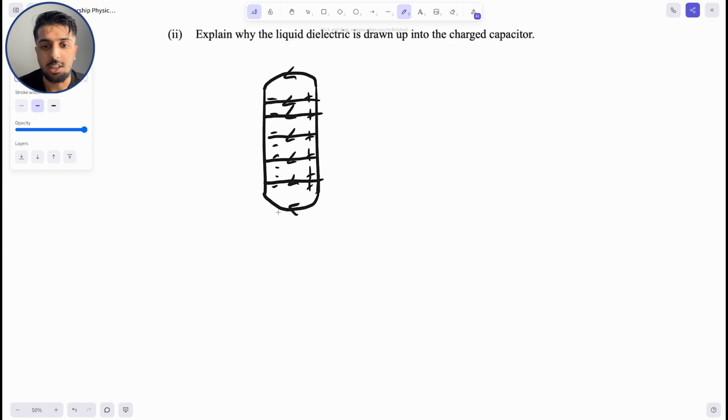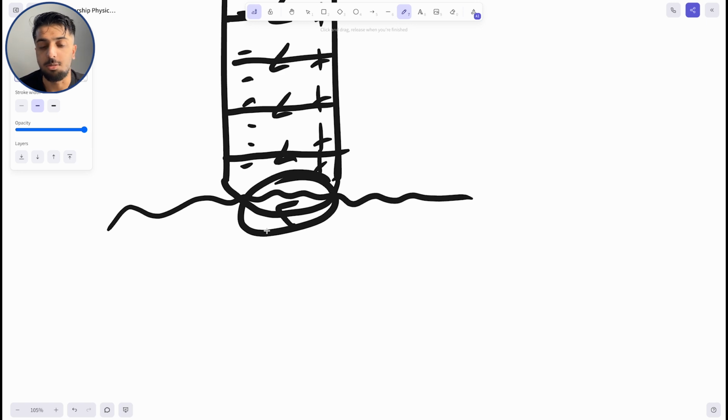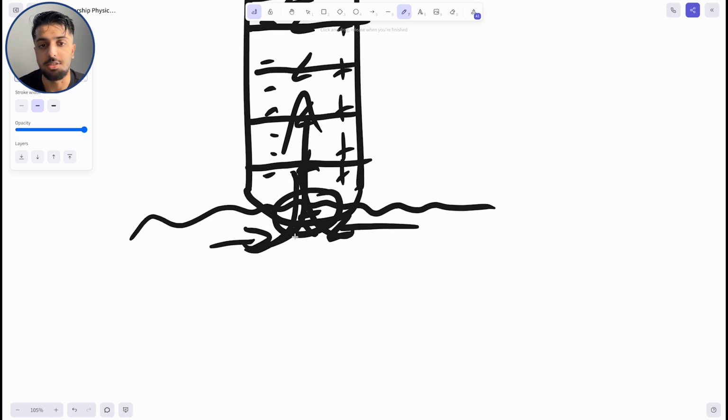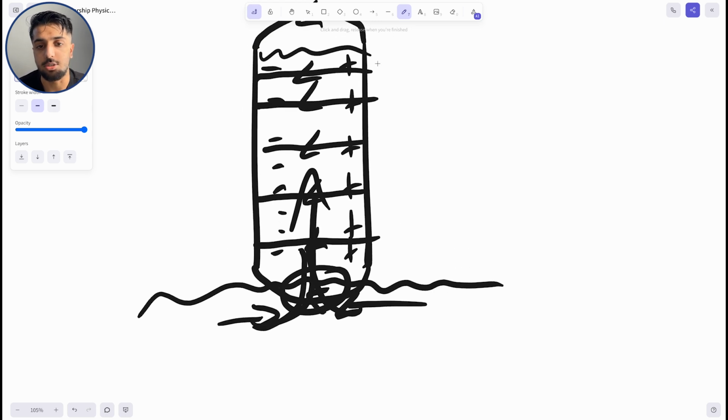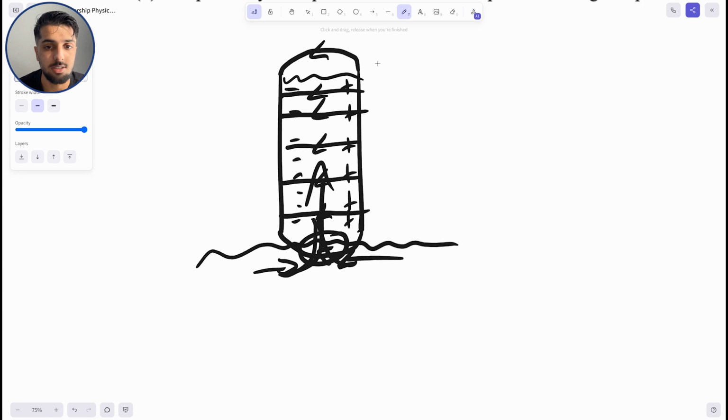Because the ends of the capacitor are slightly curved, if we have our dielectric just right here, this section is the section that is going to be polarized, right? And so this section is going to be drawn up, which will cause other parts of the dielectric to fill that gap, and it's going to be a constant flow until the capacitor is full with the dielectric. So that's the situation which I just explained, visualized.